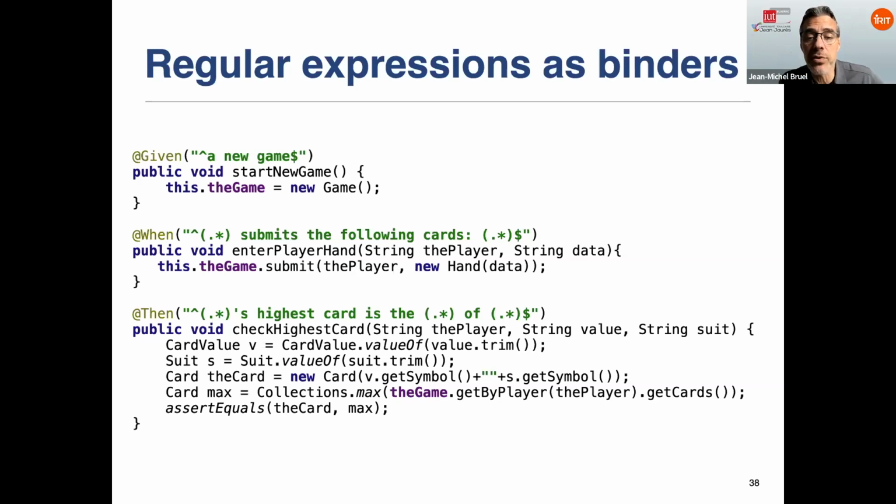Everything that is after the colon, which is in the parentheses on the right, you will extract as a data string. And the first one, you are going to extract as a player string. Those things, the one captured in the left part of the sentence and the one captured in the right part, are going to be parameters of the correspondence code that you write.